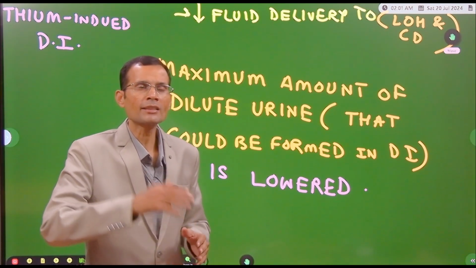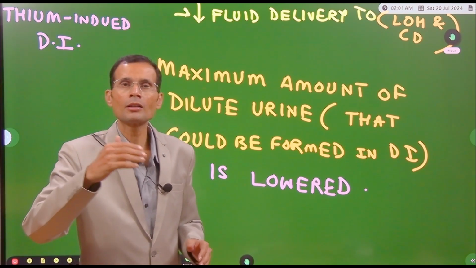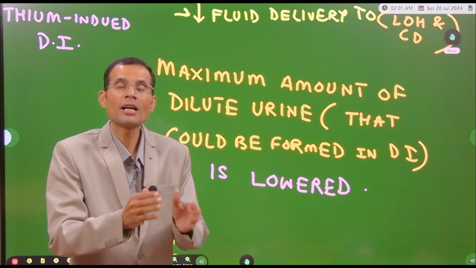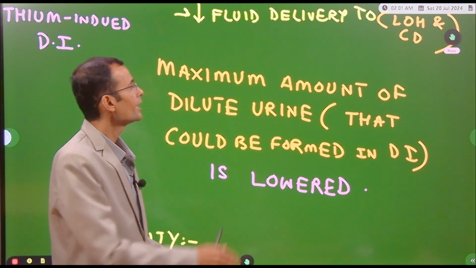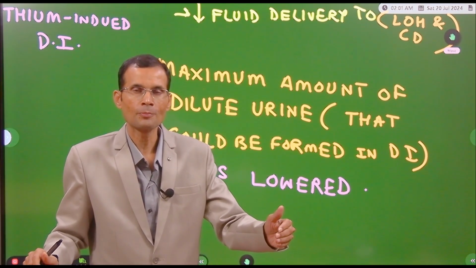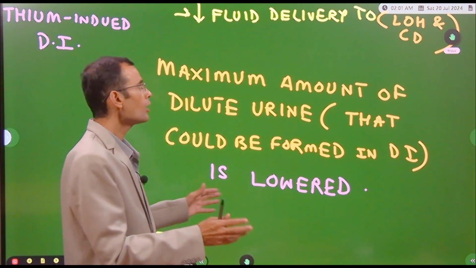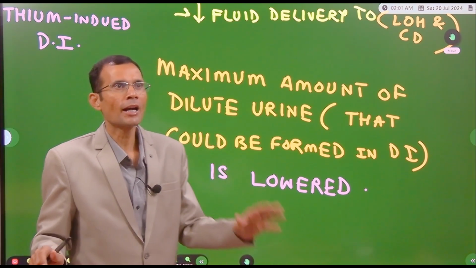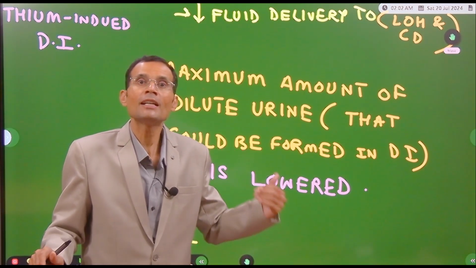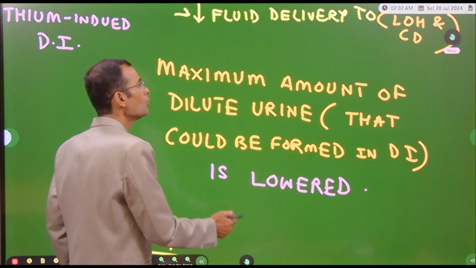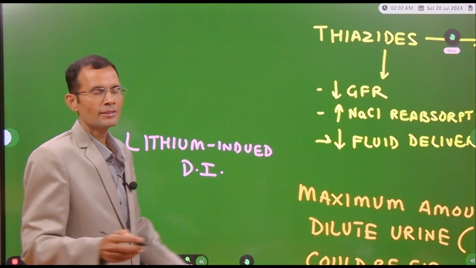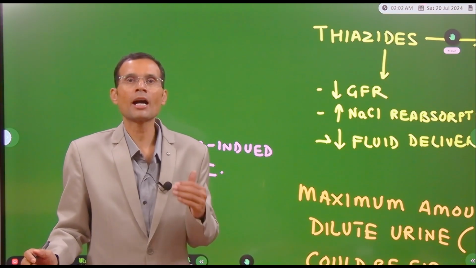How much can be the maximum dilute urine that can be produced in diabetes insipidus? That volume becomes less, because less and less fluid volume is reaching the distal segments of the nephron, and therefore overall the maximum amount of dilute urine that could be generated due to diabetes insipidus will be less, and that's how thiazides can be useful in the conditions of nephrogenic diabetes insipidus or drug-induced diabetes insipidus.